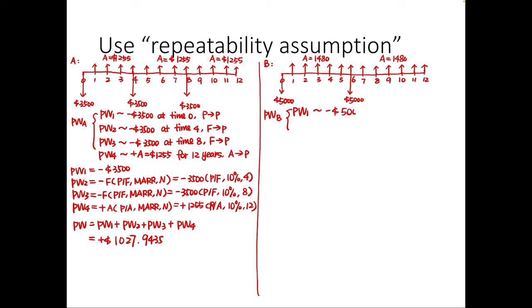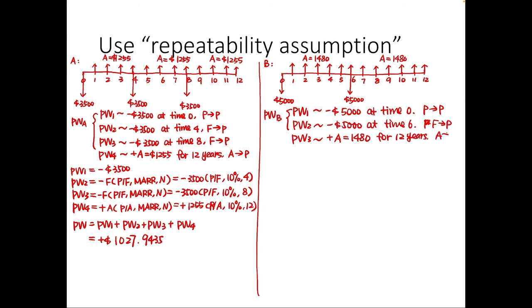PW1 is from the initial payment at time 0, so it's P converted to P, and the PW2 is another 5,000 at time 6, so it's a future value converted to P. And the PW3 is the positive annuities for 12 years.